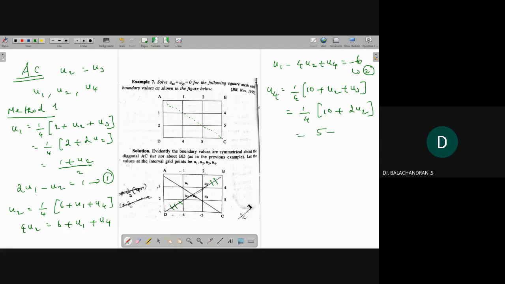So 5 plus U2 divided by 2. So 2U4 equal to 5 plus U2, or U2 minus 2U4 equal to minus 5. So this is 3. So 3 equations and 3 unknowns, U1, U2, U4. So please do it and tell the values of U1, U2 and U4.